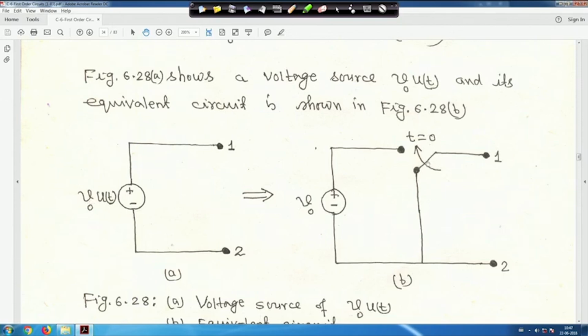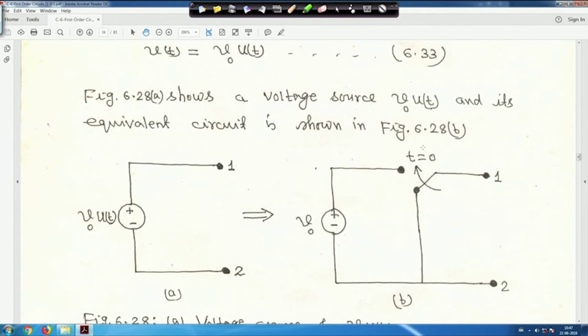When the switch position is like this, terminals 1 and 2 are short circuited. In that case, t is less than 0, for example, so there will be no output voltage: V12 is equal to v(t) is equal to 0.